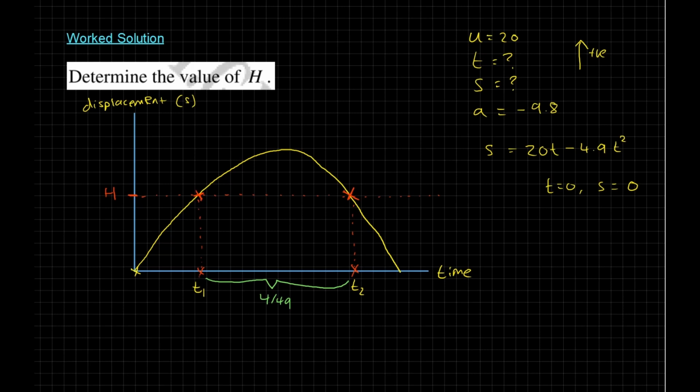We know this green distance is 4/49, so that's the same as saying T2 minus T1 equals 4/49, because T2 is the distance from the origin to T2, and T1 is the distance from the origin to T1. Take the difference, and T2 minus T1 is 4/49. Right, what else can we do?